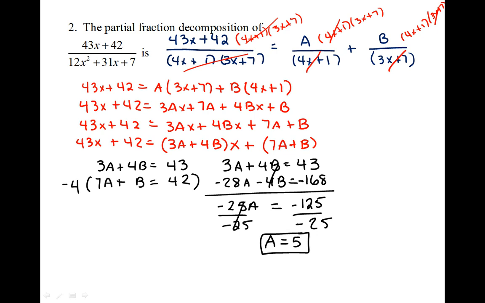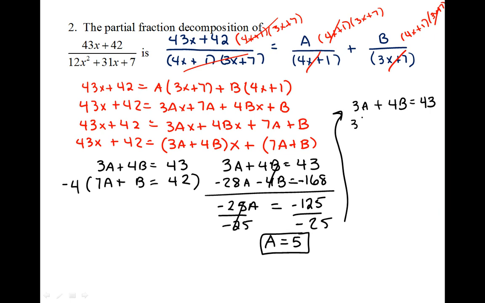Okay, so now I can just plug that back in to figure out what b is equal to. So we know that 3a plus 4b equals 43.